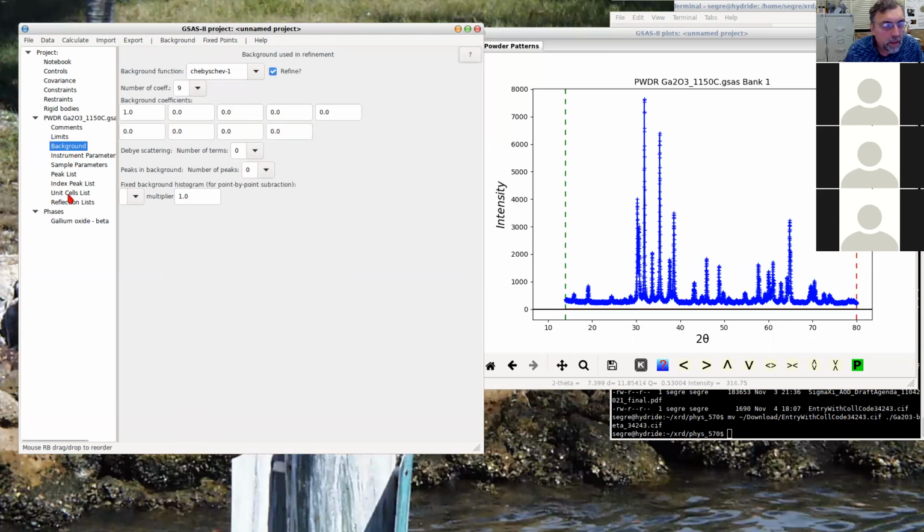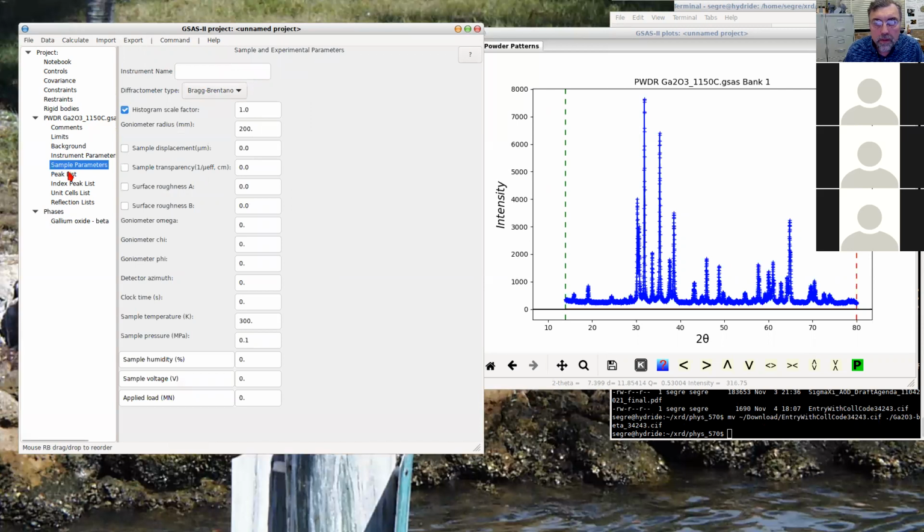And then sample parameters. Typically with this kind of intensity, I'm going to set this to 100. I'm going to turn it off. So I'm going to set a fixed amplitude. I want to get the lattice parameters right. So I'm just going to set a fixed amplitude and see what happens.